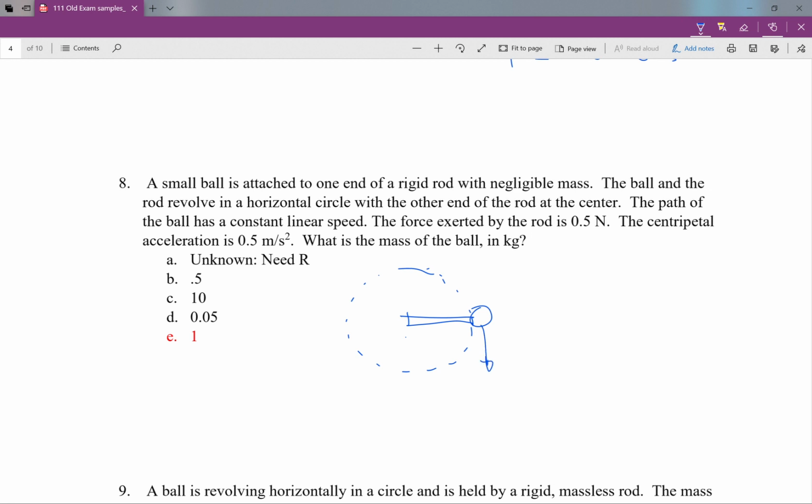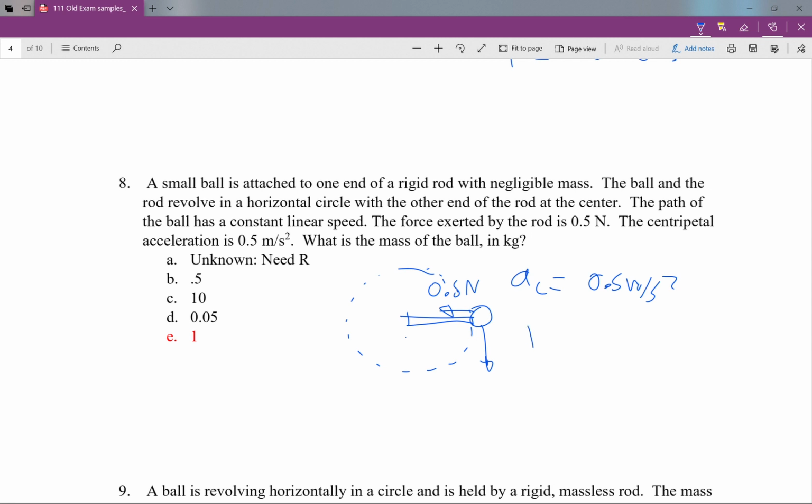We have a constant linear speed, and the force exerted by this rod is 0.5 newtons. So it's basically the centripetal force. And we know that the centripetal acceleration a_c is equal to 0.5 meters per second squared. So we can use this to find the mass.